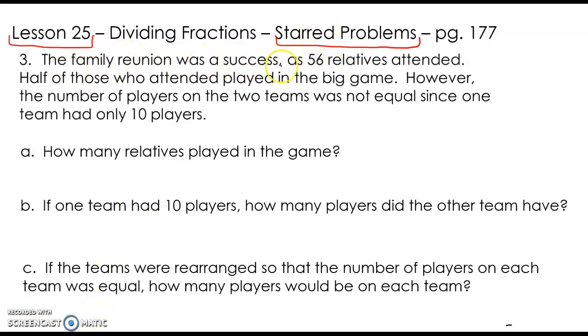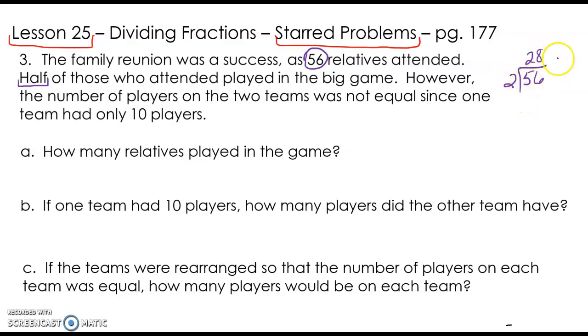So the family reunion was a success as 56 relatives attended. Half of those who attended played in the big game. So let's see, 56 divided by 2, using my handy dandy calculator, is 28.